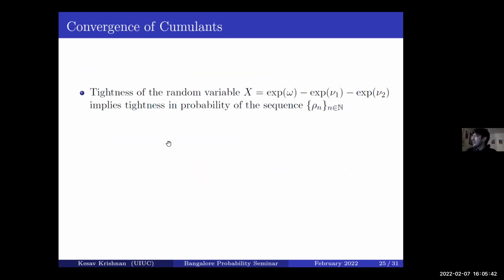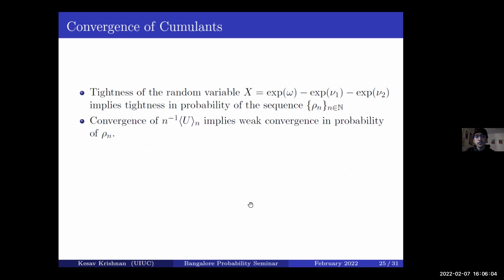The sequence of empirical measures in n is a tight sequence, and that follows from the tightness of the weights. Notice that we don't expect a moment condition for the exponential of omega or the exponential of the nu, but we do expect them to be tight random variables.